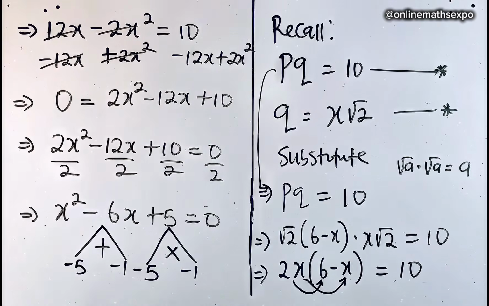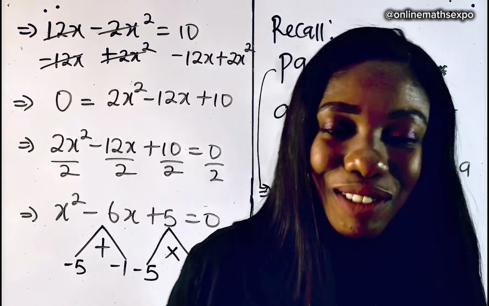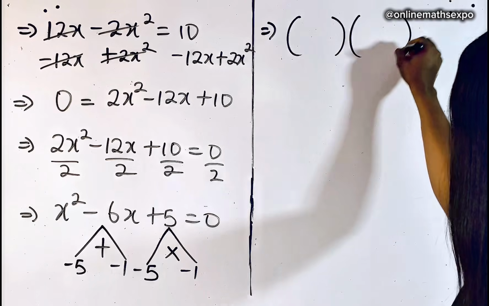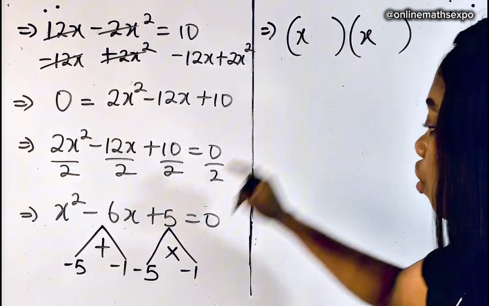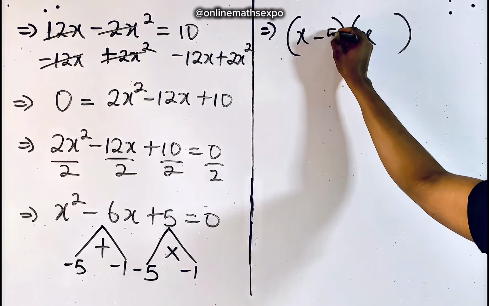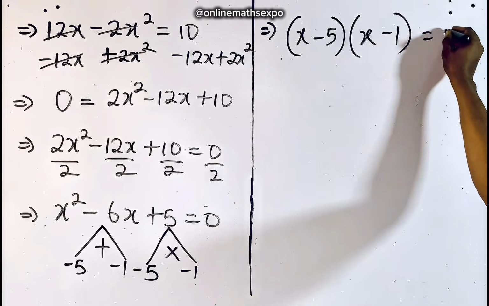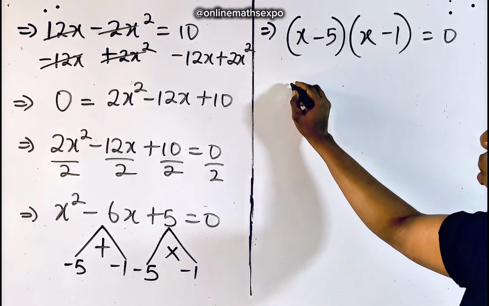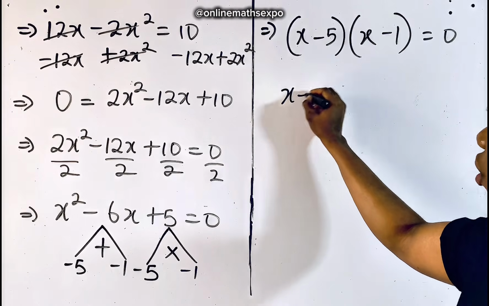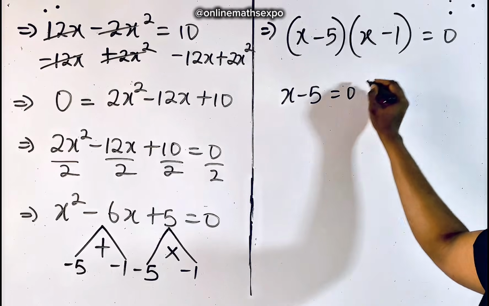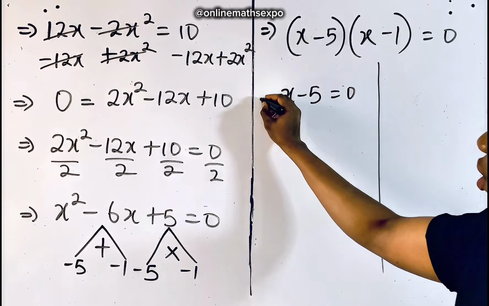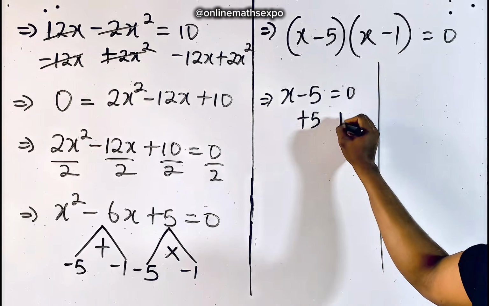Let's substitute here. Let's do that together to have. Open two brackets, put x in the two, then these numbers minus 5 and minus 1 is equal to 0. Solving this, we have x minus 5 is equal to 0. To remove this negative 5, you add 5 to both sides.